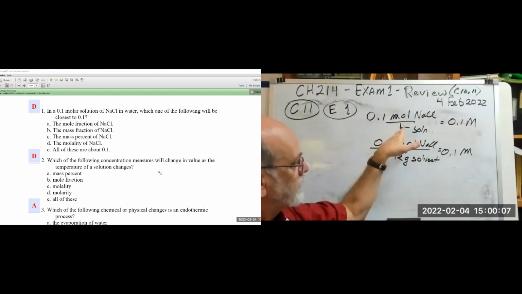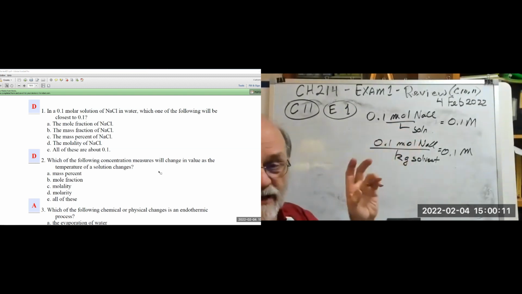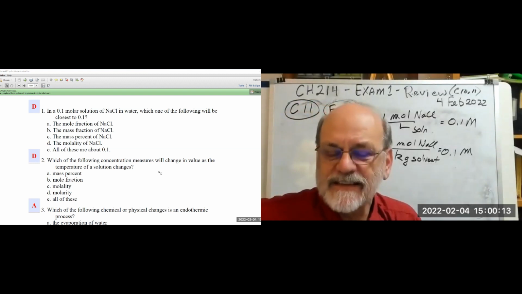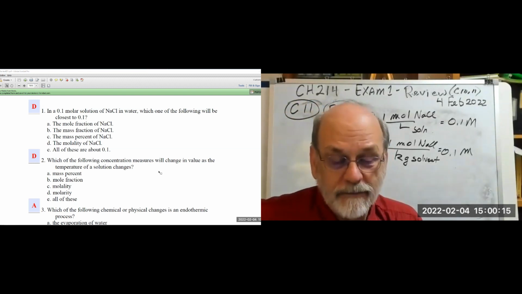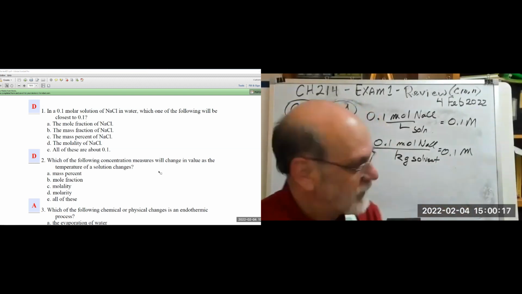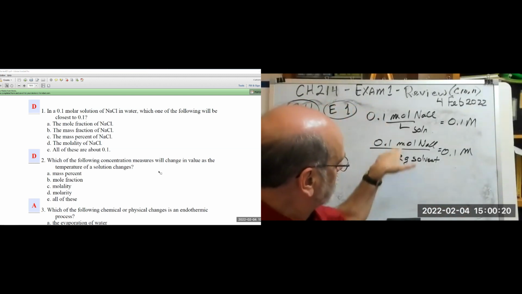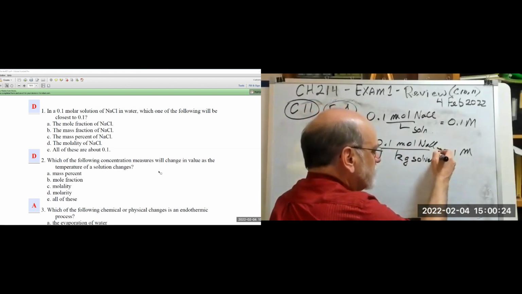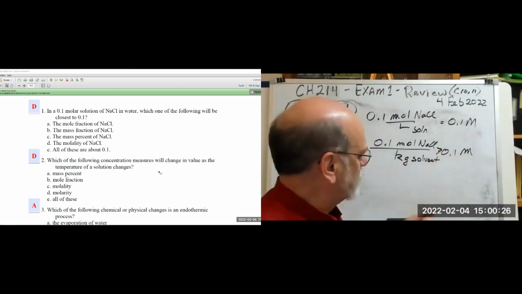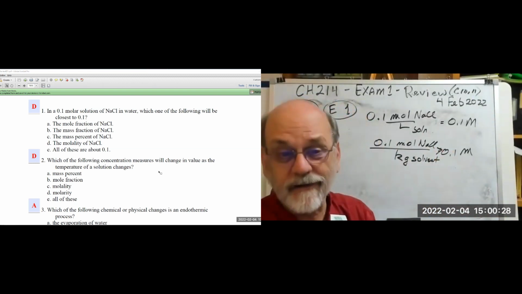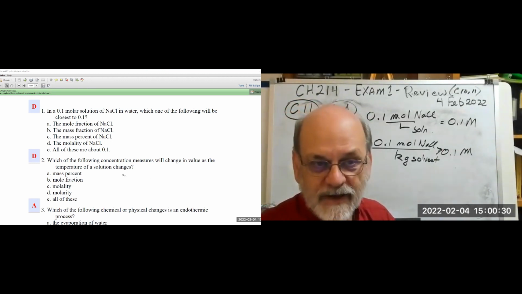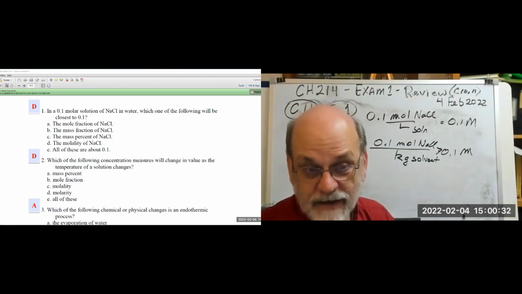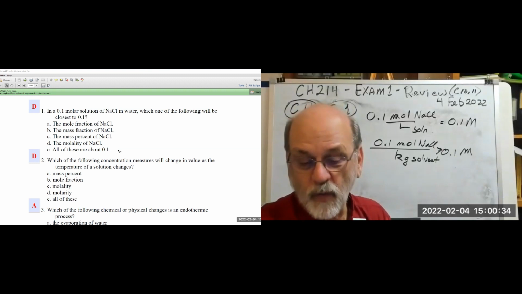So we have a little bit less mass here, plus the density of water is not exactly 1. It's a little bit less than 1. So this should be a little bit bigger than that and make this actually a little bit greater than 0.1. But it's very close. That's why I'm saying that, and it's not all of these are 0.1.